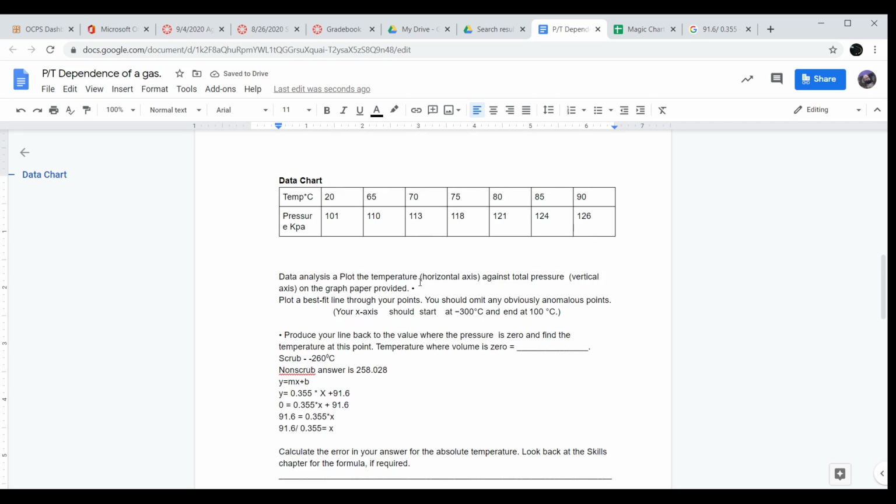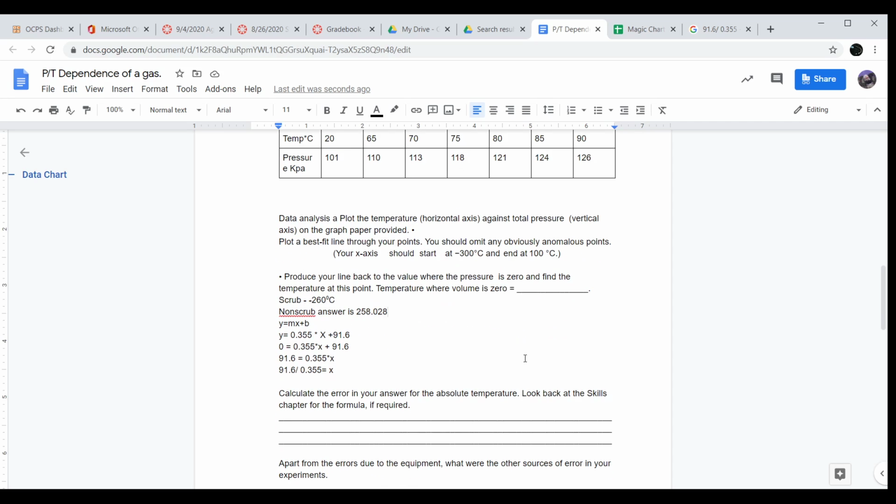Then we take a look here, and that's our figured answer.